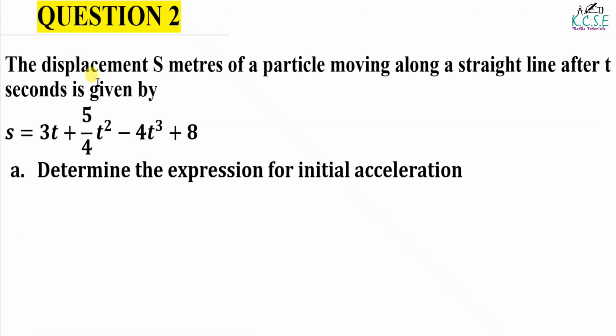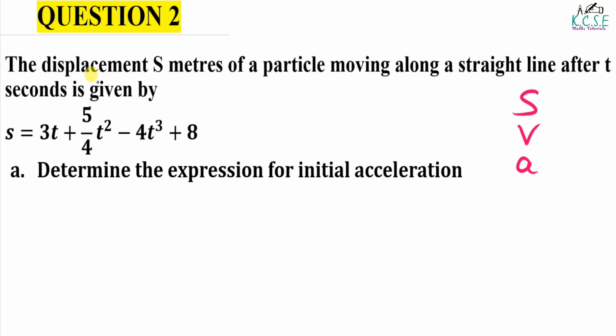Let's go to the first part of the question: determine the expression for the initial acceleration. What you're supposed to note is that we are given displacement, we are not given velocity, we are not given acceleration. When we are moving from displacement to velocity, we differentiate.